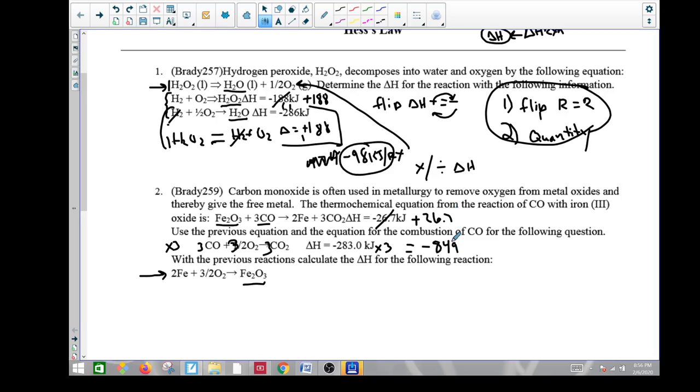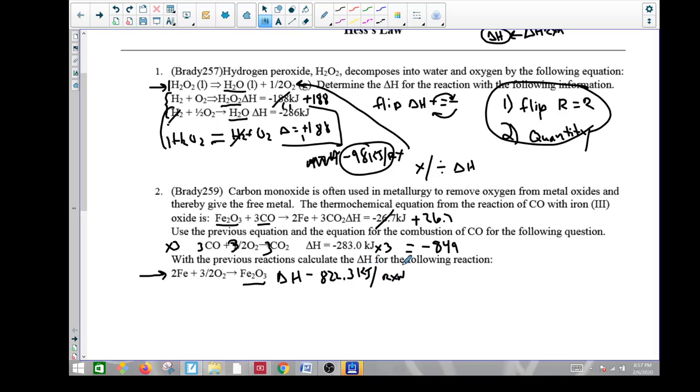A negative 849, and then we're going to take away the 26 because it's going to be subtraction, minus the 26.7 gives me a negative 822.3. And the delta H of this reaction is a negative 822.3. That would be kilojoules per reaction cycle.